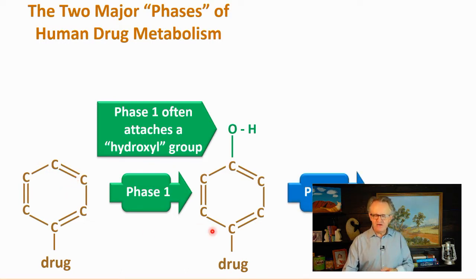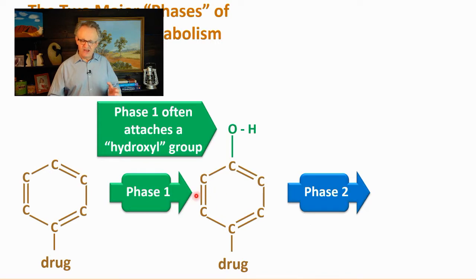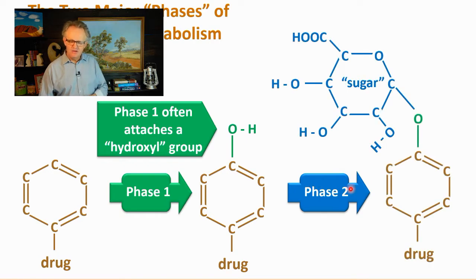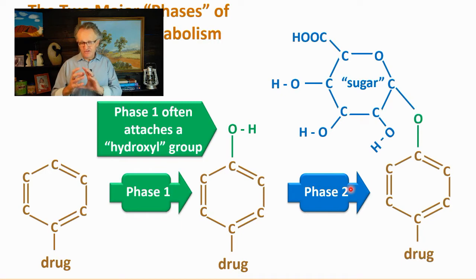But then in the second round of metabolism, and this is what phase 1 metabolism sets the drug up for really, it sets it up for what we call a conjugative reaction. And in a conjugative reaction, some existing molecule in the cell, and very often it's a sugar, and sugars are very polar, highly water soluble. They've got lots of oxygen atoms stuck on the sugar ring. This example shown here is meant to be glucuronic acid, and it's a very common addition to a drug during metabolism within the liver.